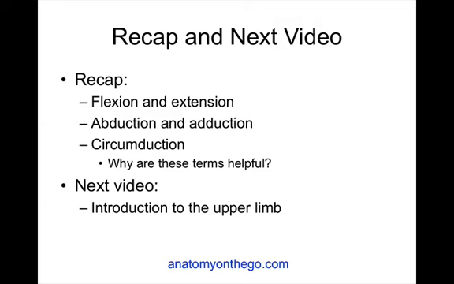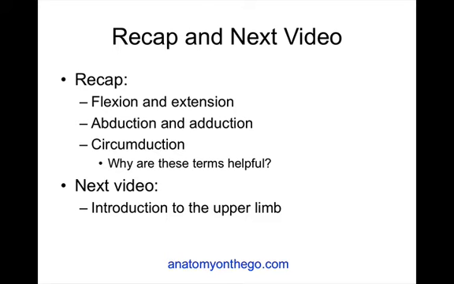And so the reason these terms are helpful is because when we talk about the different skeletal structures, we need to describe the movements that occur when they link up and form joints with one another, or they articulate with each other. So we'll talk about how the humerus links up with the scapula, how the humerus also then links up with the ulna and radius at the elbow.